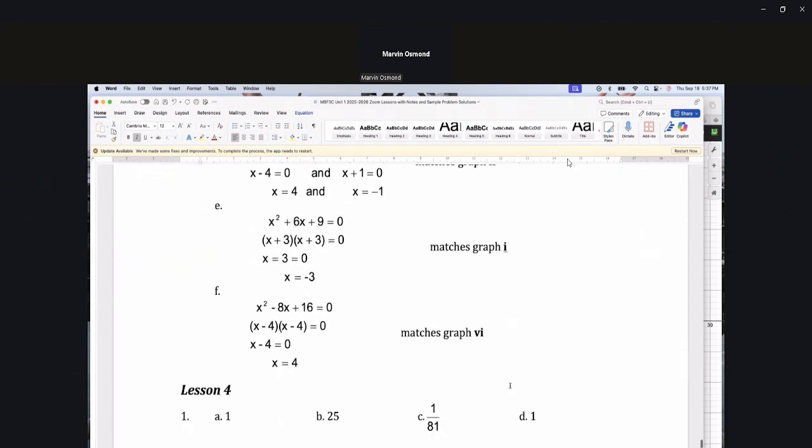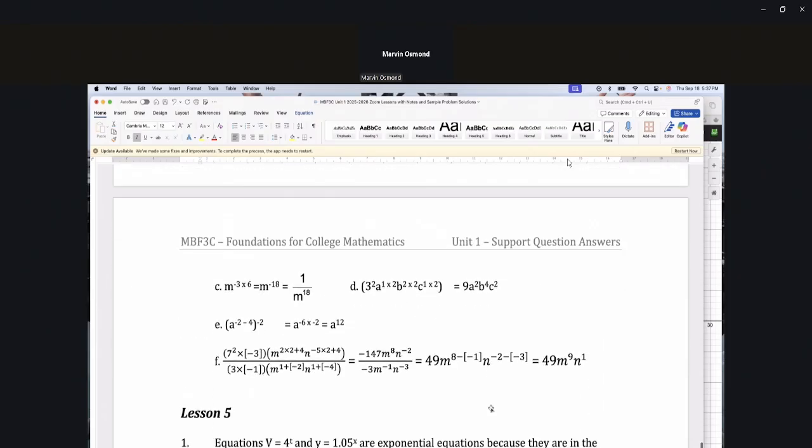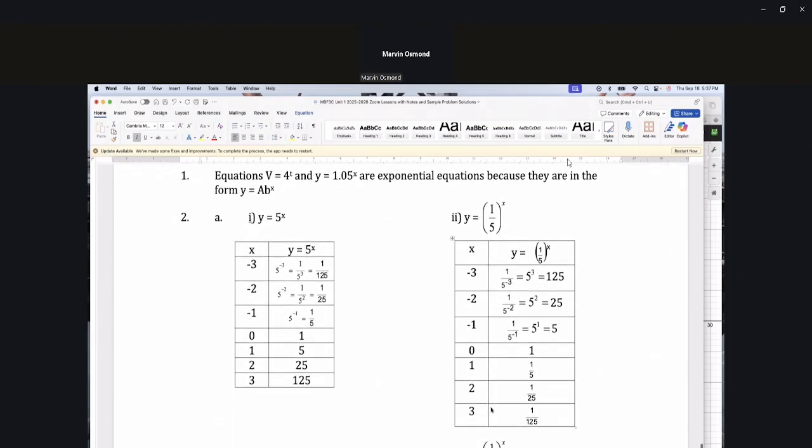Okay. So if I scroll down here, we get to lesson number 5. There's an example in the lesson material that you would have received. I added another graph today, and again, it's in blue and red.